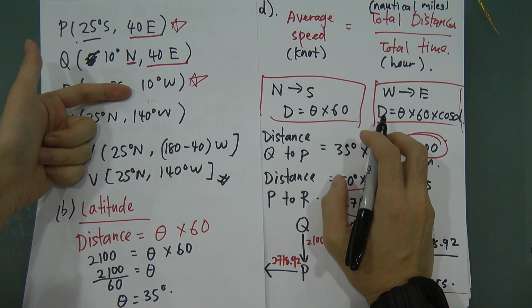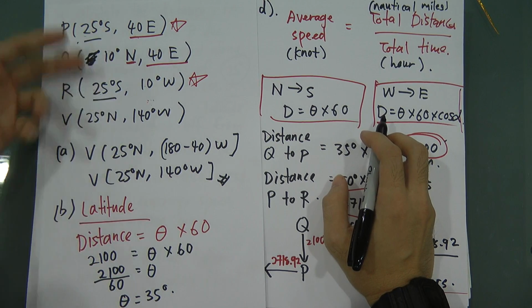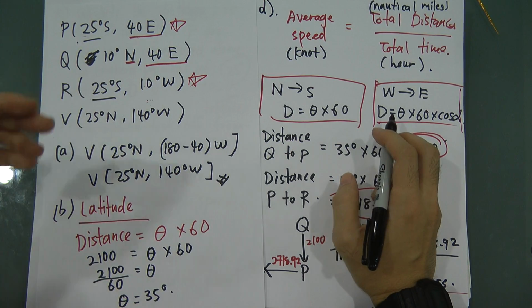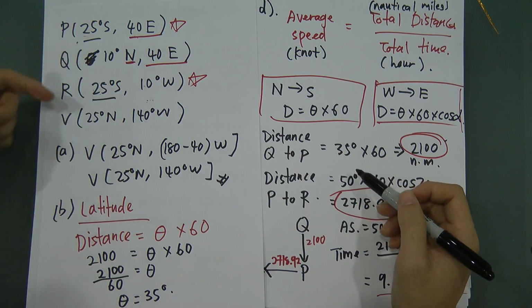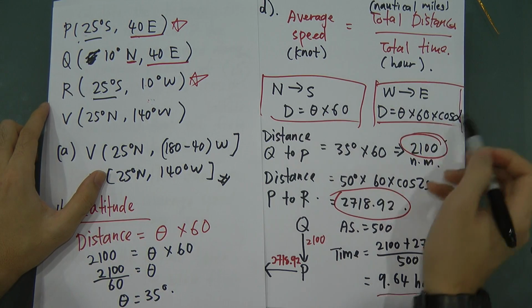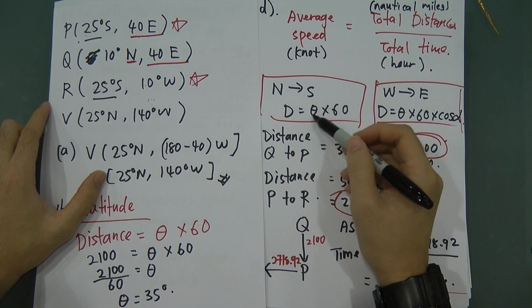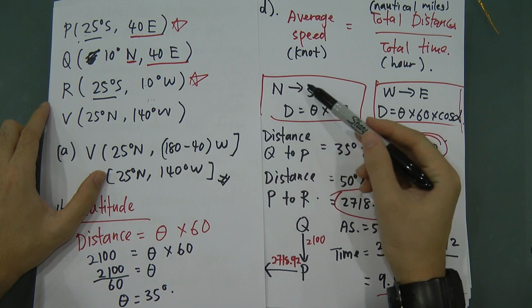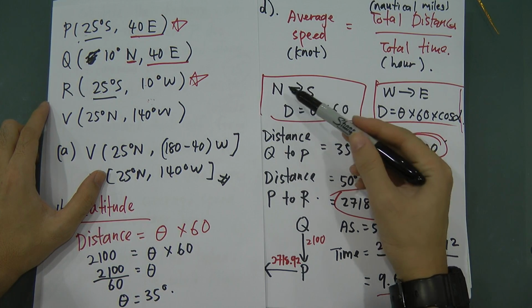If you write down everything, you can easily visualize how many degrees lie between, and then you can use this formula to find the distance, because distance is just the angle between multiplied by 60 if the airplane moves north to south or south to north.